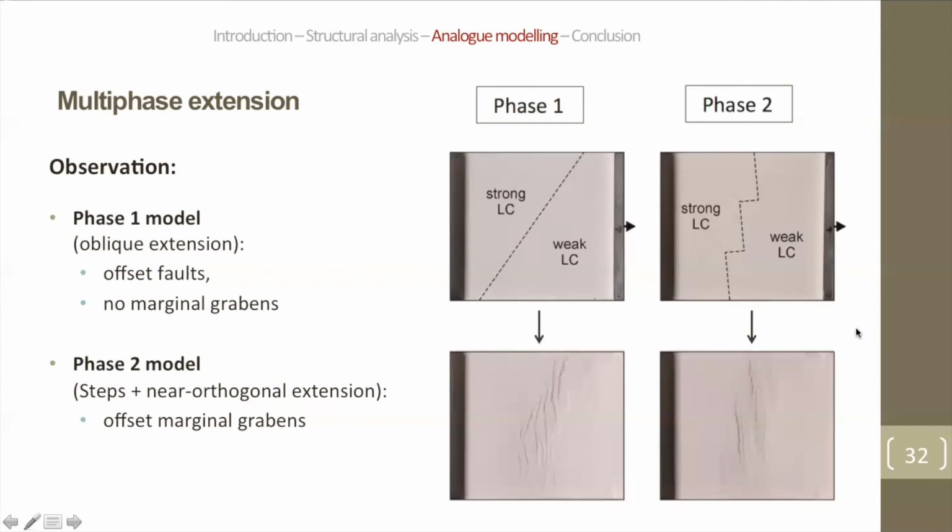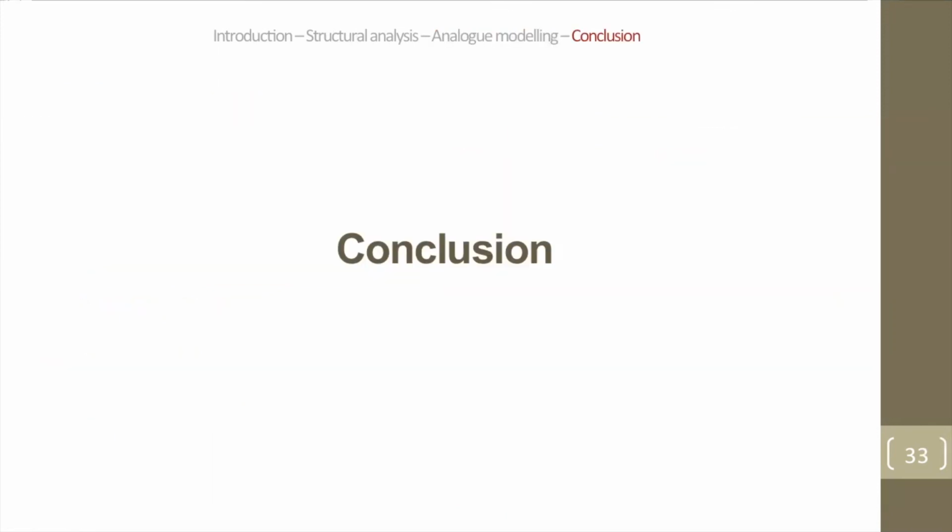And if we then apply extension to this model, then we create en echelon offset marginal grabens. So the idea is then, of course, that the en echelon structure from the first phase is inherited in the form of this boundary between both domains.